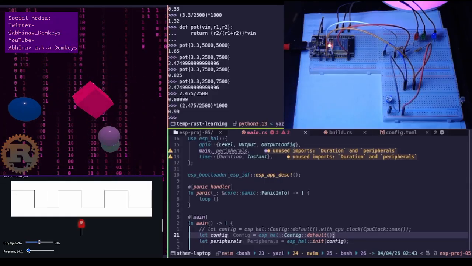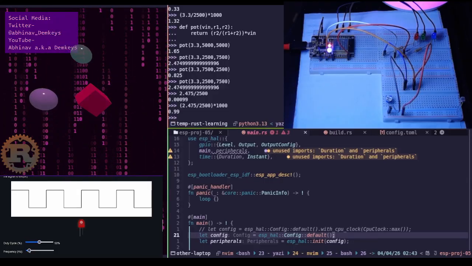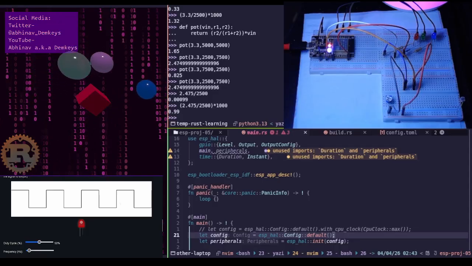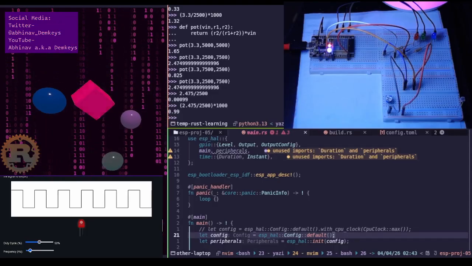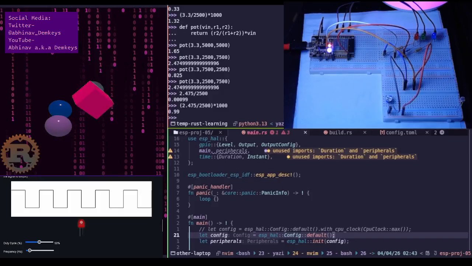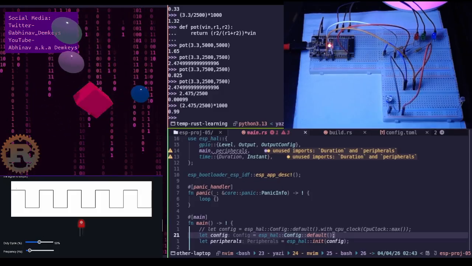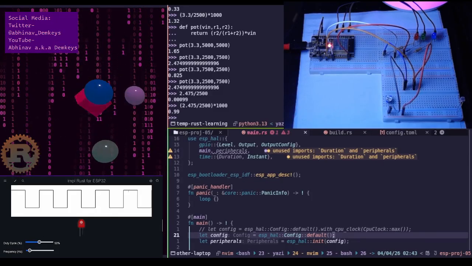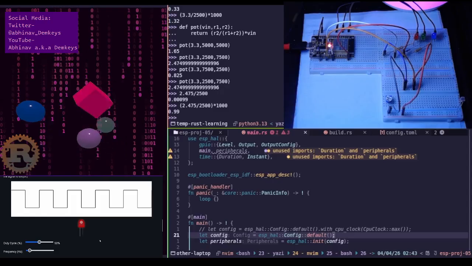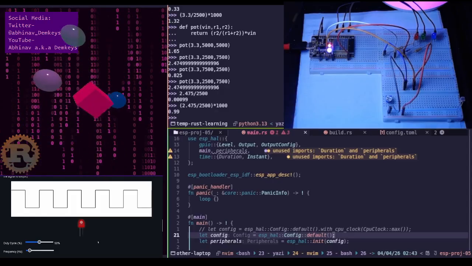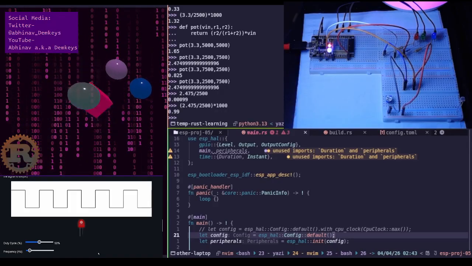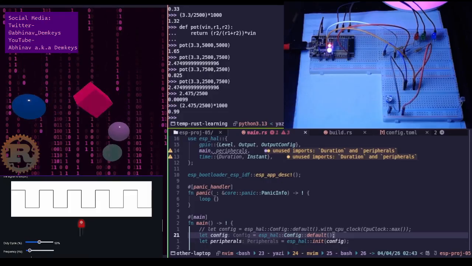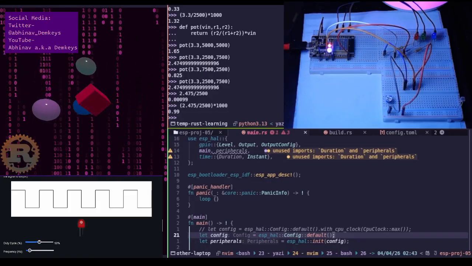If we increase the frequency to 4 or even 5, you can see now this goes on and off, on and off, on and off, 5 times a second. It's going to start to become faster, but we should be able to see that, right?